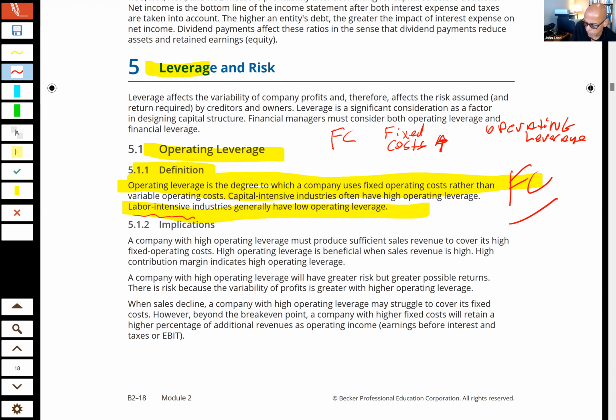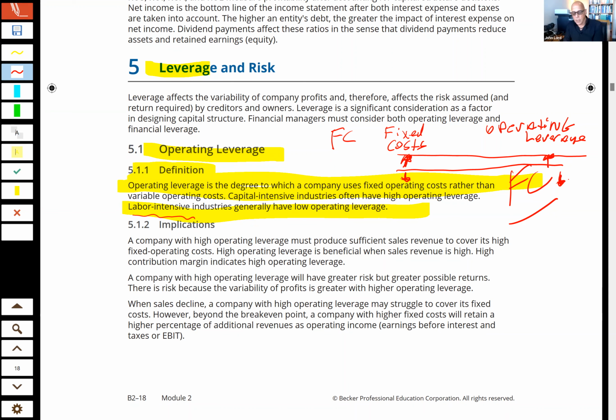What happens to operating leverage? It would go up. Good. Fixed costs are down. Operating leverage is considered down.